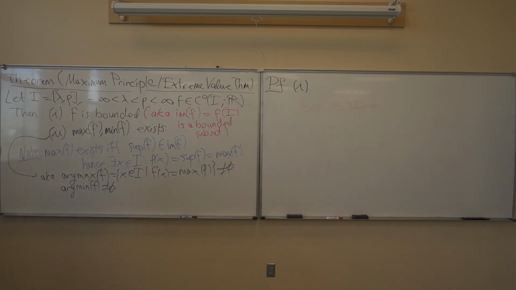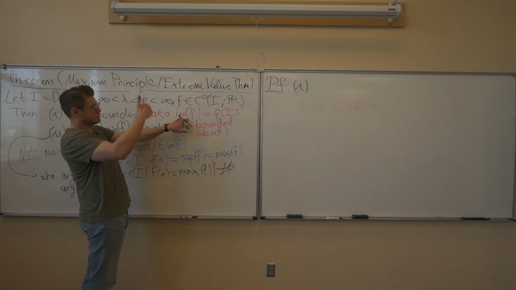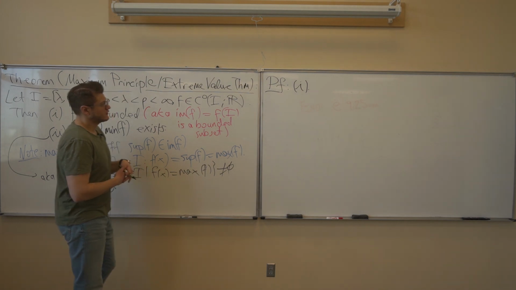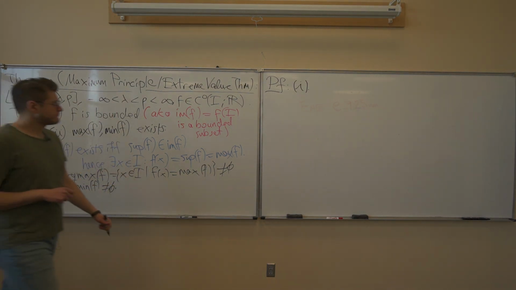What do I need to show? I need to show that f is bounded. In other words, the set of all those y values, so the image, is bounded as a subset of the reals. Okay?